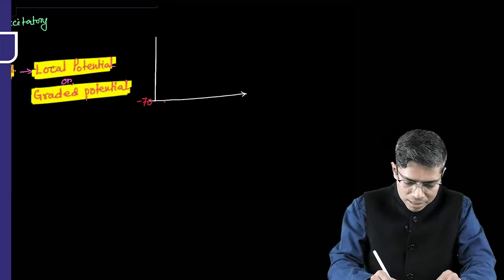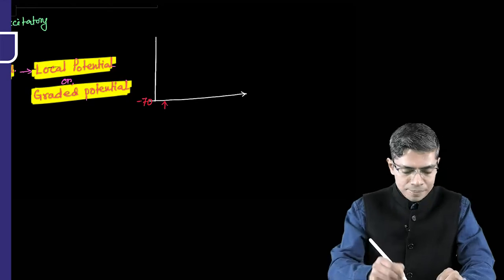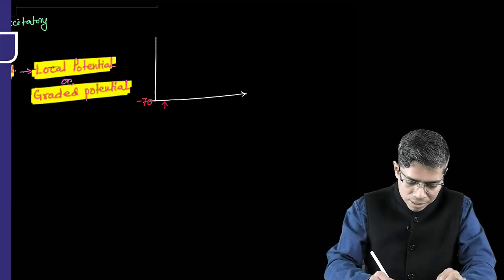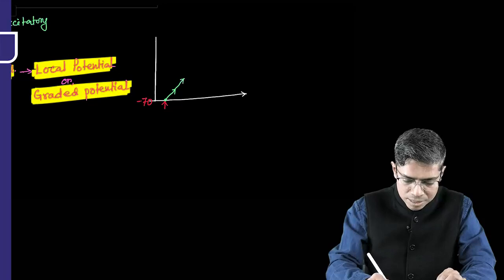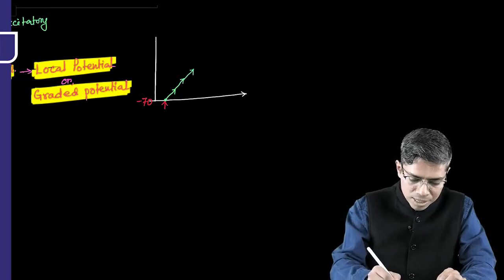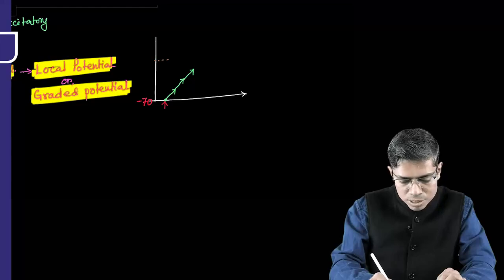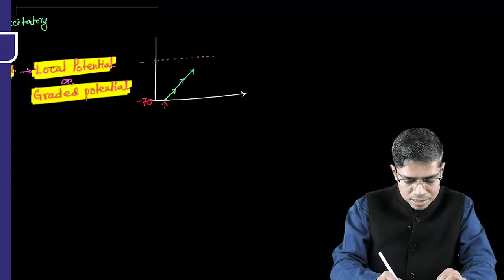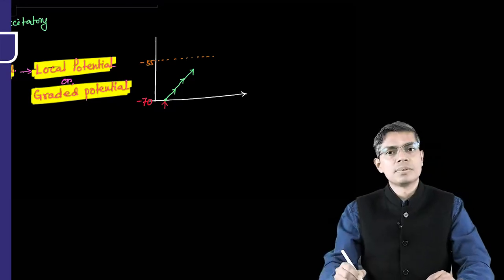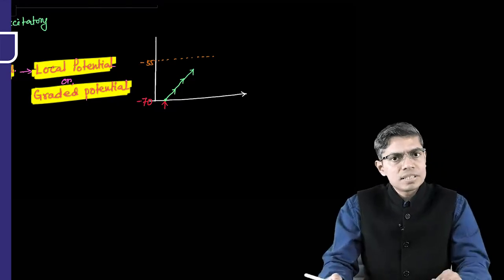Now you are giving stimulation from this point. Whenever you give stimulation, the membrane voltage moves towards more and more positivity, getting close to this minus 55 millivolt. This we have already discussed.